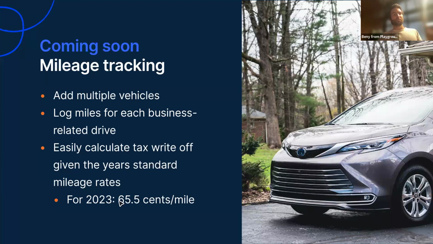And you will just multiply the amount of miles you drove by the standard mileage rate for that year. So that's also going to be done automatically in Playground. We'll make it very easy for you to make sure you're capturing that additional deduction for your business use of your car. And that should be coming out hopefully in the next weeks, not too far away.